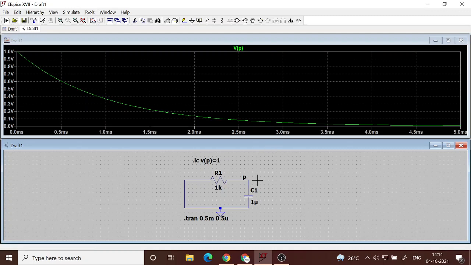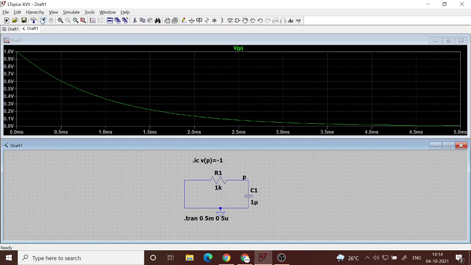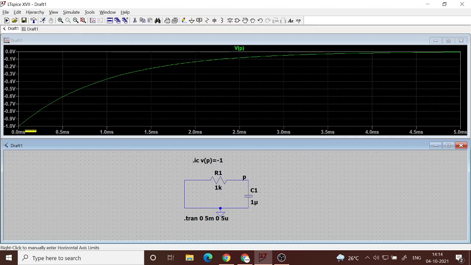Is there any doubt with respect to this simulation? You can ask. Now if I change this from 1 to -1, what will happen? Let's see. From -1 it gradually rises exponentially and goes to 0 volt. So basically it tries to achieve a steady state value, and the steady state value is 0 volt across the capacitor.